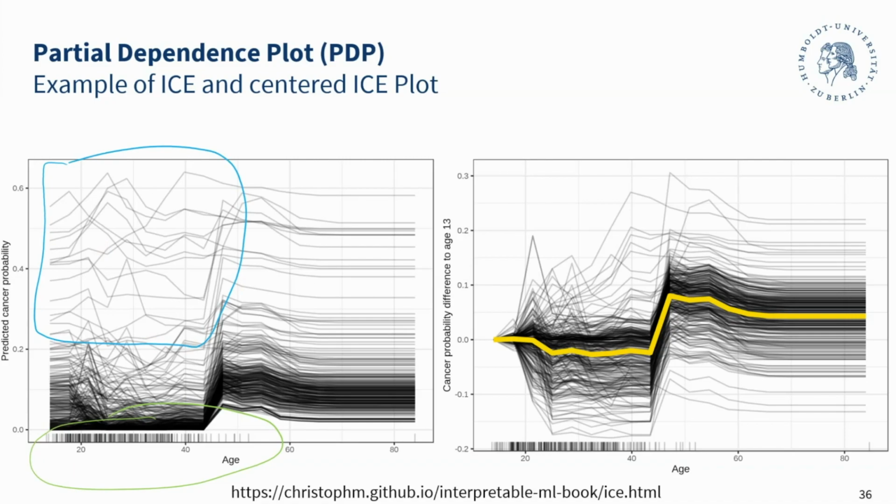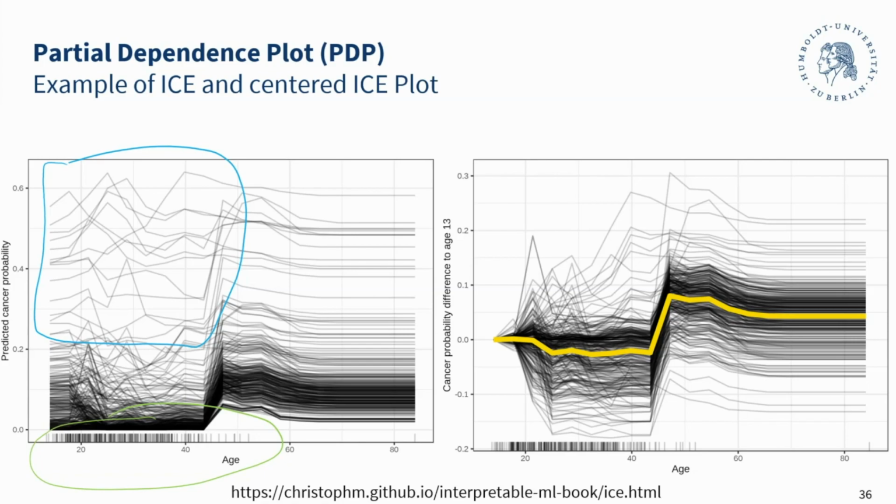If we believe that the number of lines that we see in that area is large enough, enough people are affected by that pattern, then maybe this is because age is correlated or is interacting with another variable that we don't see here, and that would be the way to spot a heterogeneous effect in an ICE plot.